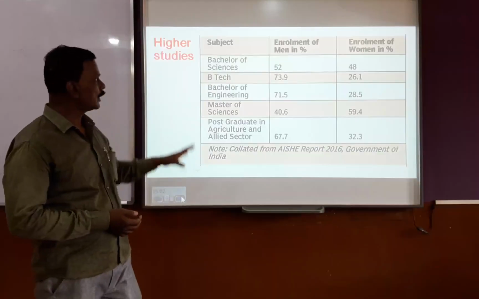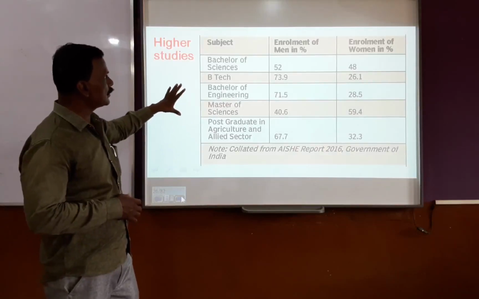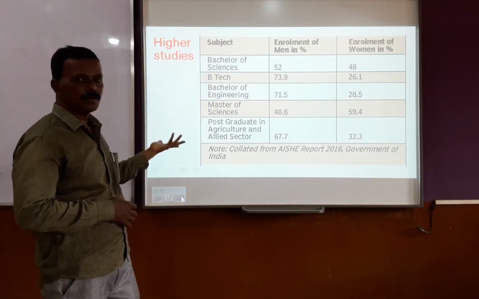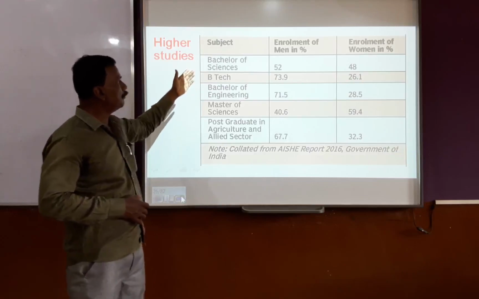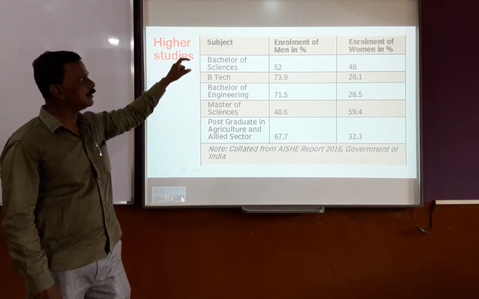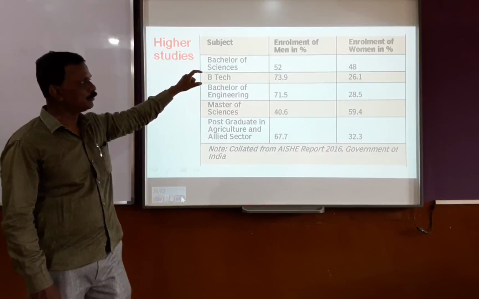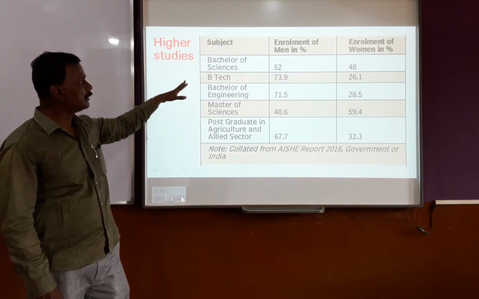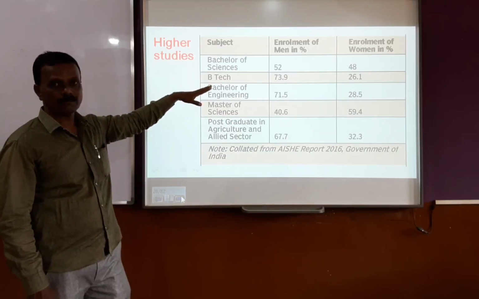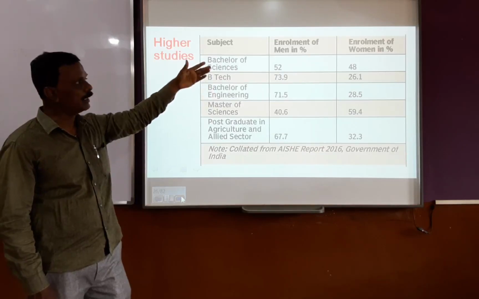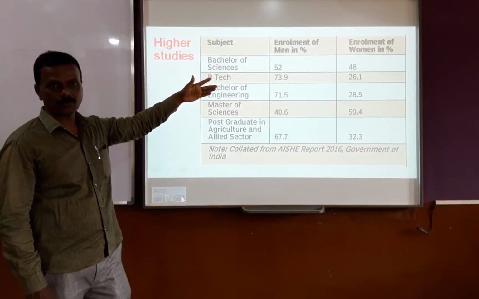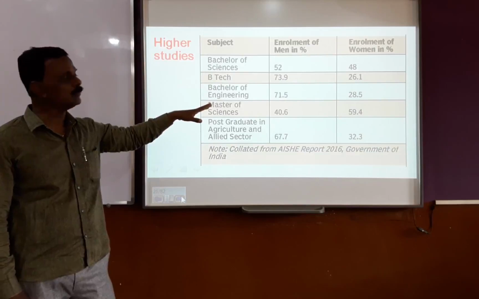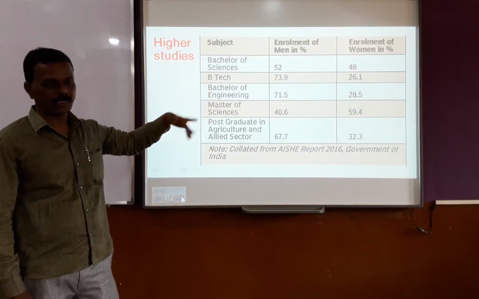So look at this chart. This chart explains how women's enrollment is lagging behind men's. For example, Bachelor of Science: men's enrollment 52% and women's 48%. B.Tech: men 73.9% and women 26.1%. Bachelor of Engineering: men 71.5% and women 28.5%.